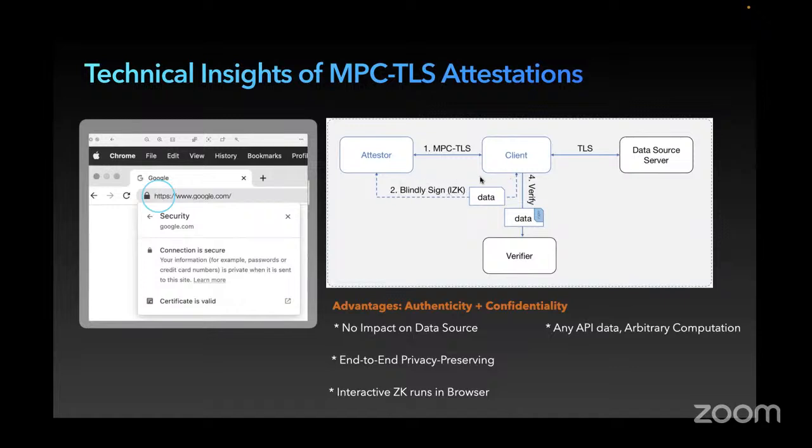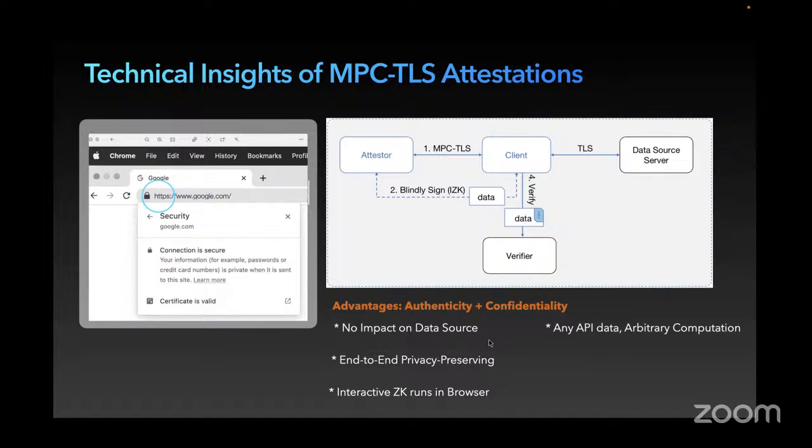But he cannot see the raw data, so this is very secure from the client's privacy perspective. He signs that piece of encrypted data, and the client can further provide the data to a verifier or a contract, which can verify the data source's correctness. So this is the basic idea of how the MPC-TLS protocol works.